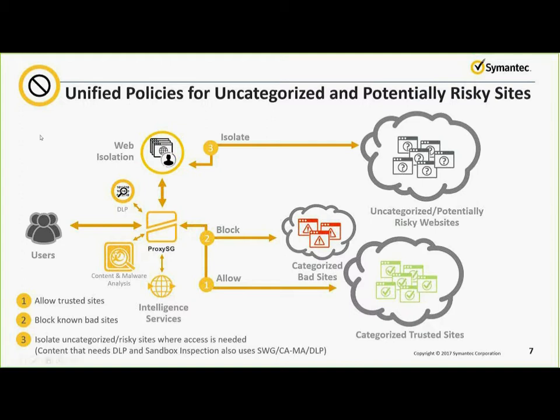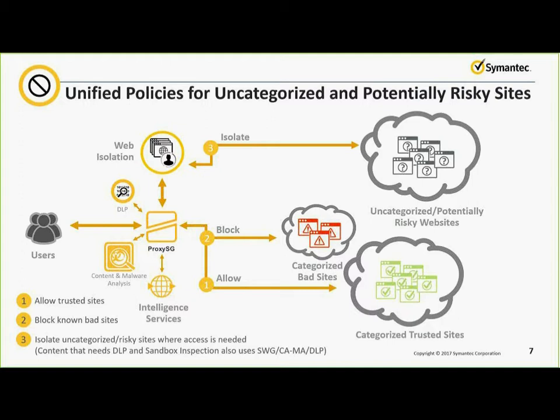End users. This is pretty much transparent to an end user. You don't necessarily see any difference when you incorporate isolation into the policy like this. The users will just browse to a website.